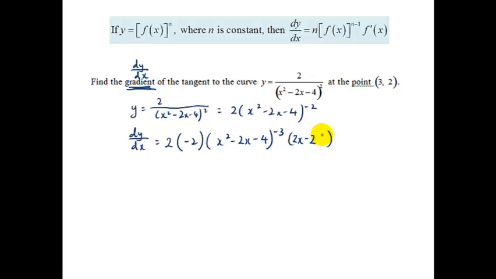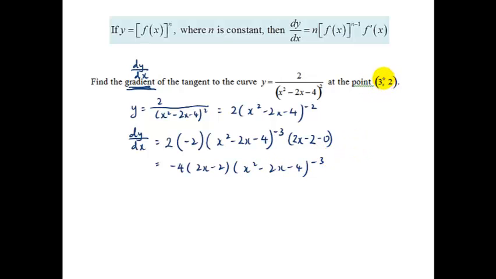This will be a quick and dirty way to differentiate expressions like that. Minus 4 being a constant becomes 0. Multiply, you have this.